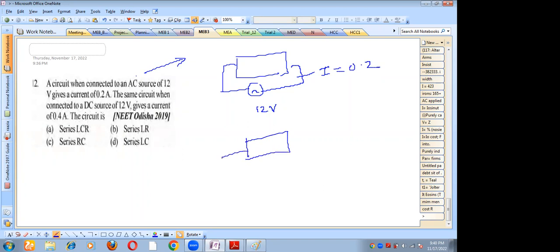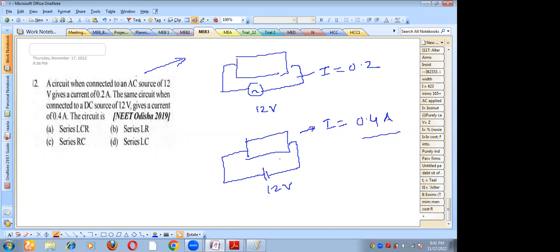When it is connected to a DC source of 12 volt, it gives a current of 0.4 amp.